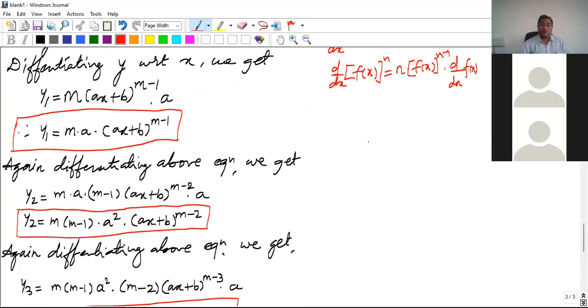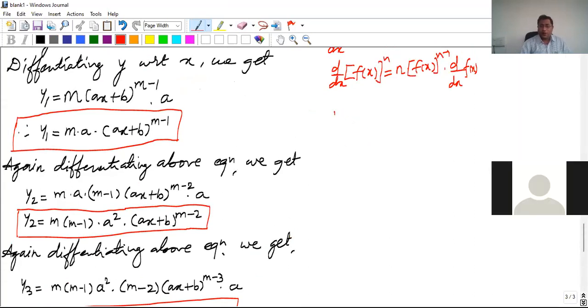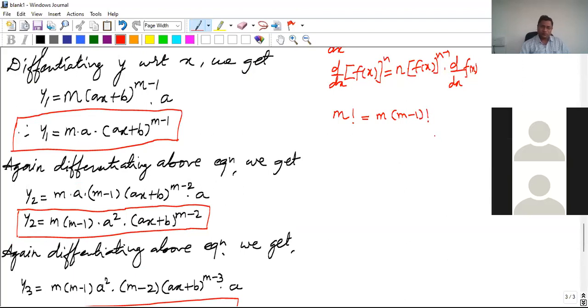What we know is m factorial is equal to m into (m minus 1) factorial. Is that okay? So what I can write is m as m factorial upon (m minus 1) factorial.